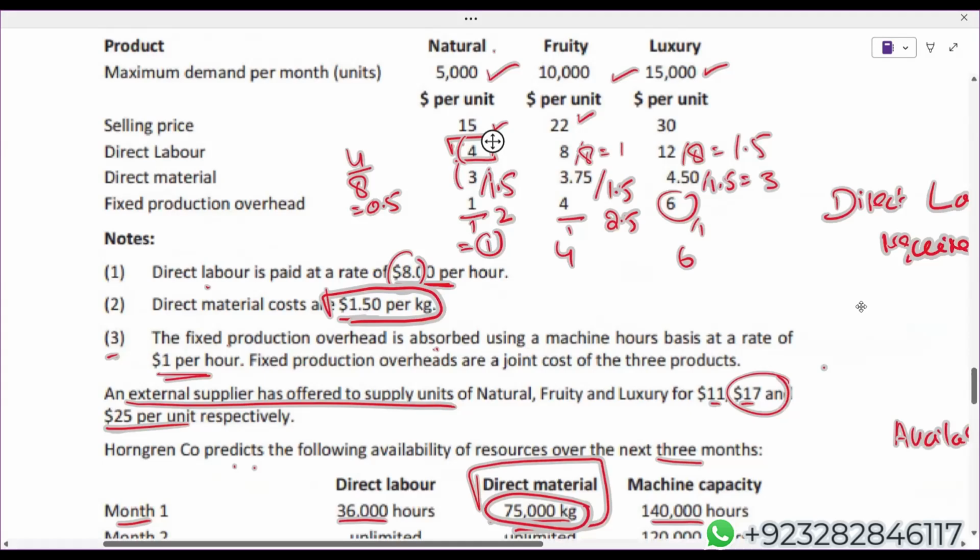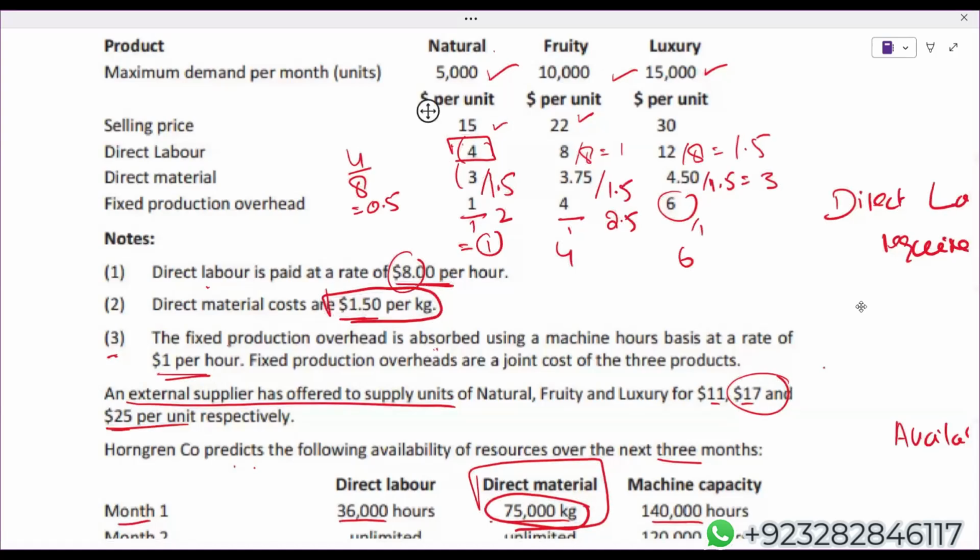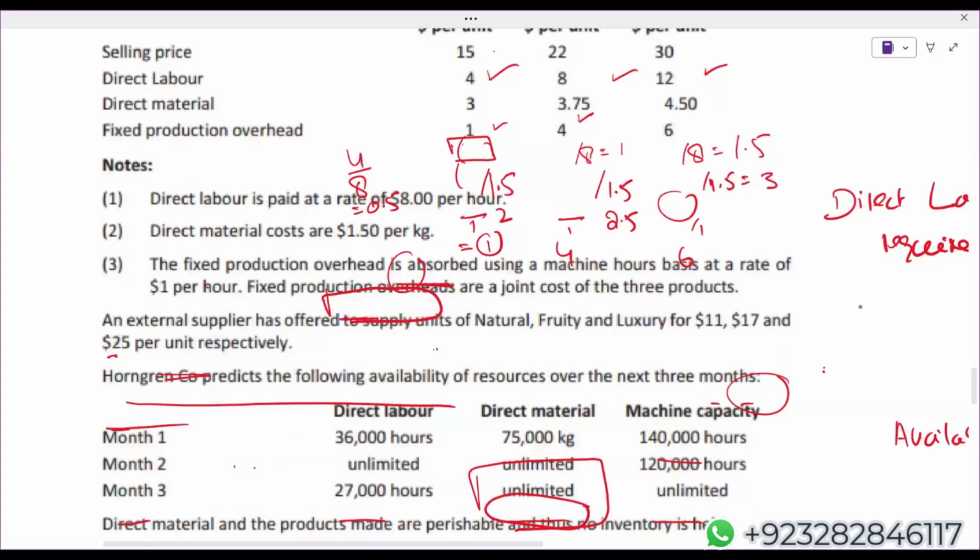Now let me use the calculator. 8 plus 3.75. I'm getting 11.75. Now students try to understand. The supplier is asking you, give me 17 for the fruity. And internally making cost is 11.75, which means per unit of fruity we are saving 5.25 per unit which we are manufacturing internally.